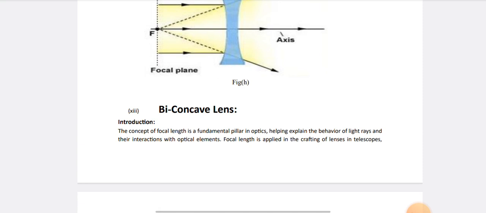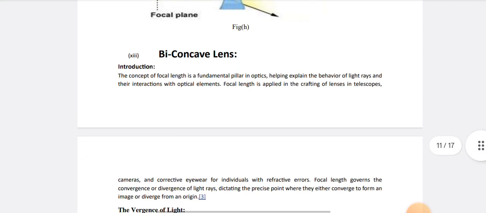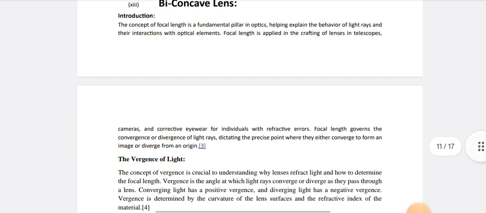Focal length is applied in the crafting of lenses in telescopes, cameras, and corrective eyewear for individuals with refractive errors. Focal length governs the convergence or divergence of light rays, determining the precise point where they either converge to form an image or diverge from an image.